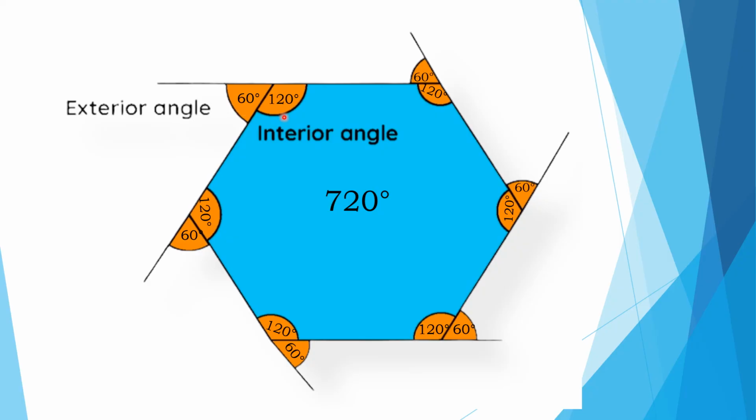Then, to get the sum of the interior angles, multiply the interior angle by the number of sides. So, 120 times 6 is equal to 720 degrees. Remember that interior angle and exterior angle add up to 180 degrees. Interior and exterior angles are supplementary.